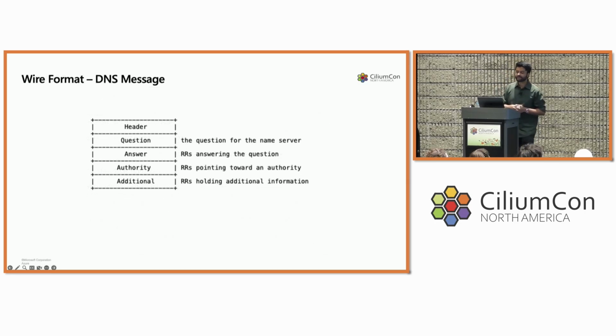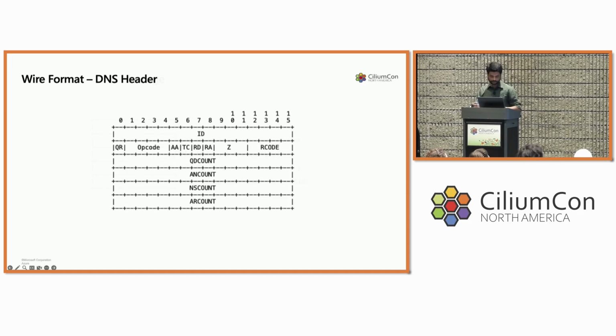At a high level, this is the basic set of sections in the DNS message. You have a header, you have a question, which is your DNS name, and then you have a set of answers, which are basically the IP addresses, whether IPv4 or v6. And we have some additional details. We will not get into them now.